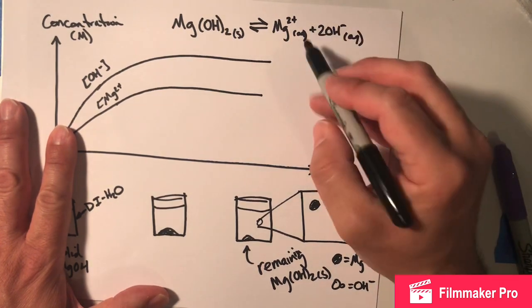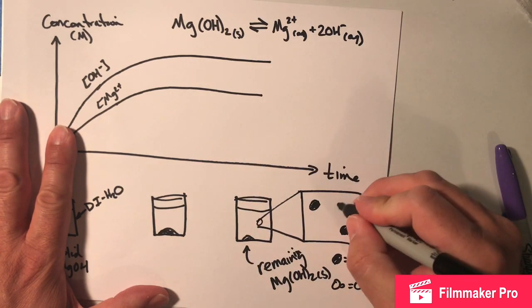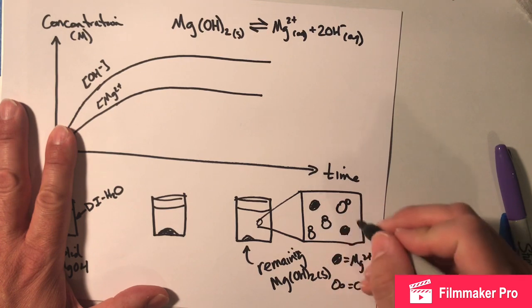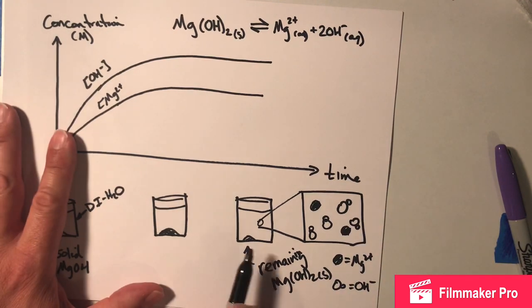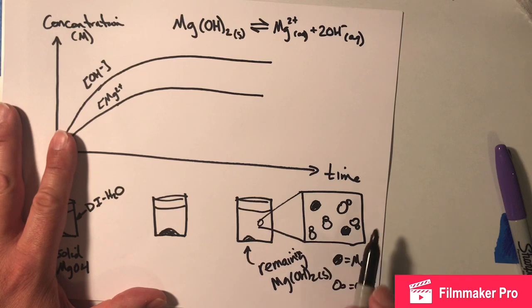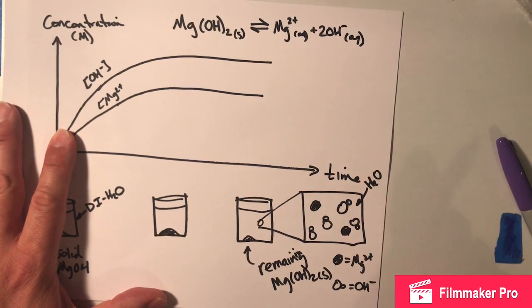And as will not surprise you from the balanced reaction equation, for every one magnesium, we're going to have 2 hydroxide ions floating around. That's what we would see up in the solution. Down here in the solid, the magnesium and hydroxide ions are still in their normal lattice, as we would expect for a solid. But out in the solution, they're floating around. And of course, the background they're floating around in is water.